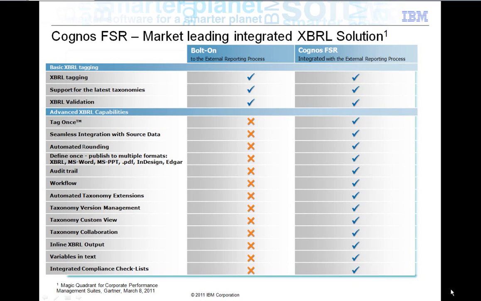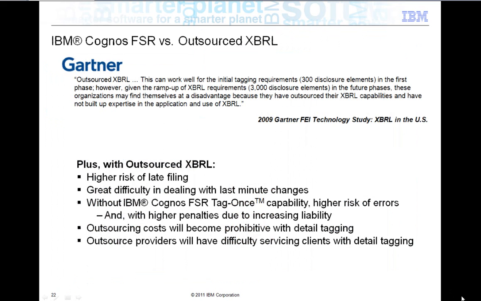It gives you many advanced XBRL capabilities and many capabilities around the external reporting process in itself, specifically dealing with automation and providing you additional time to meet the requirements and meet the mandate accurately every single time.